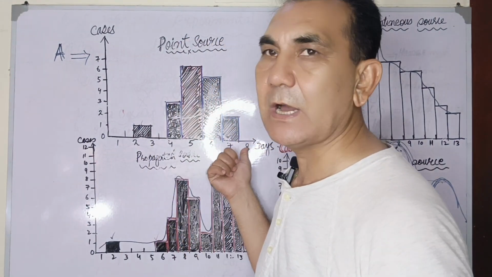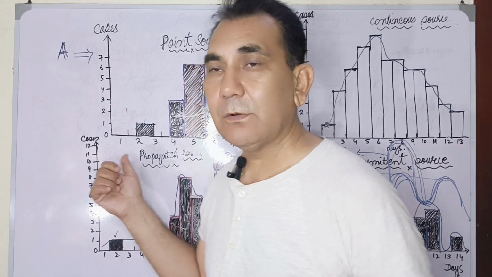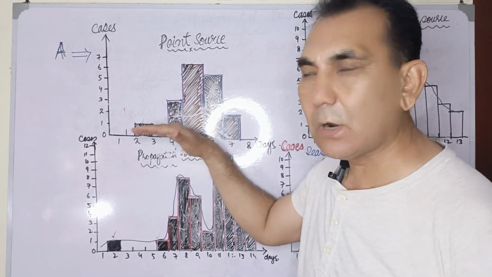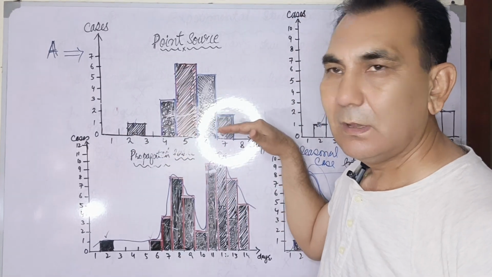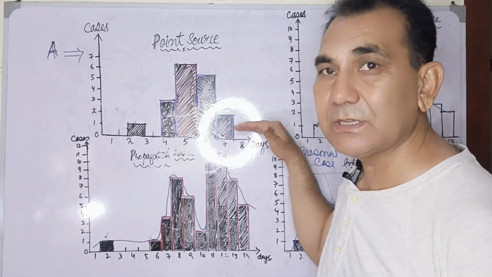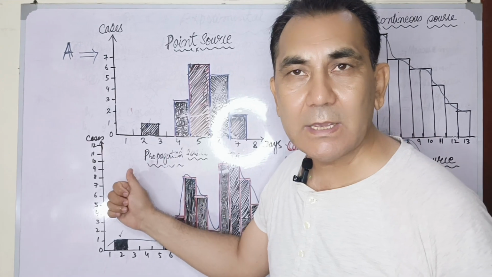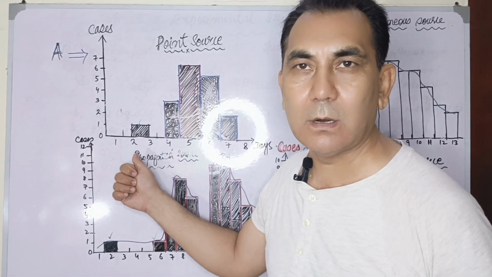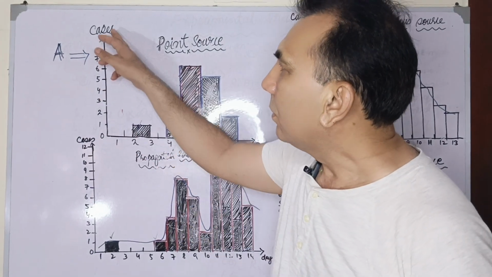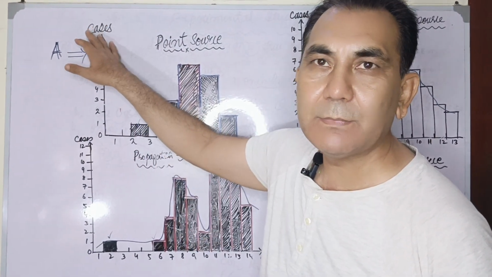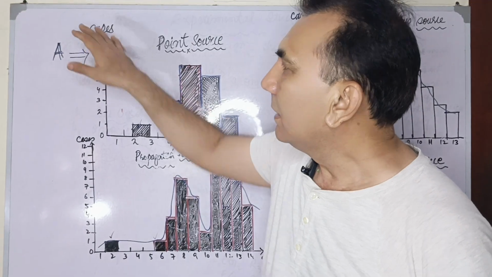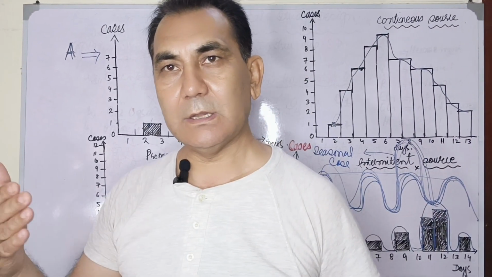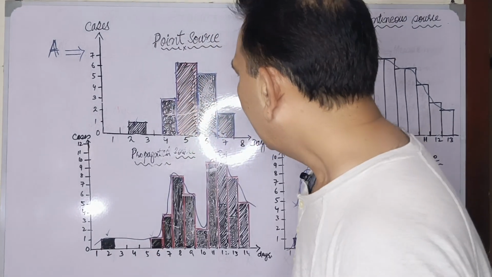Over the period of time, you measure or count on the x-axis the time, maybe in hours, days, weeks, months, or years. On the y-axis, you always put the number of cases, either as numbers or as a percentage.